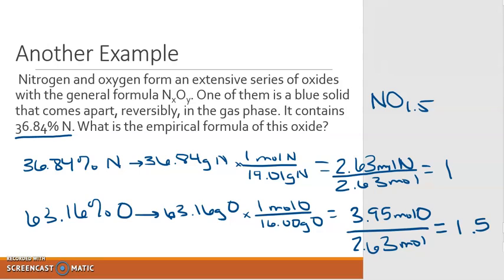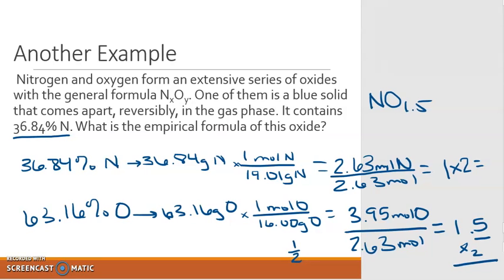So ask yourself this: what is the fraction form of 0.5? It's 1/2, right? So we're going to multiply both these numbers by the reciprocal, which is 2. So our subscript for nitrogen ends up being 2, and our subscript for oxygen ends up being 3.